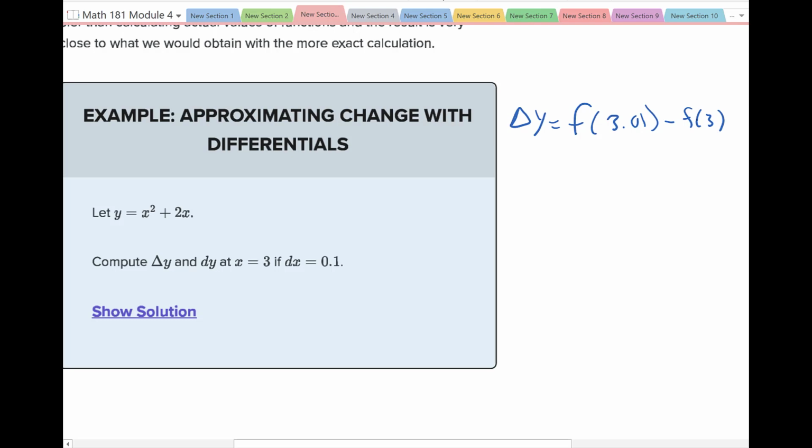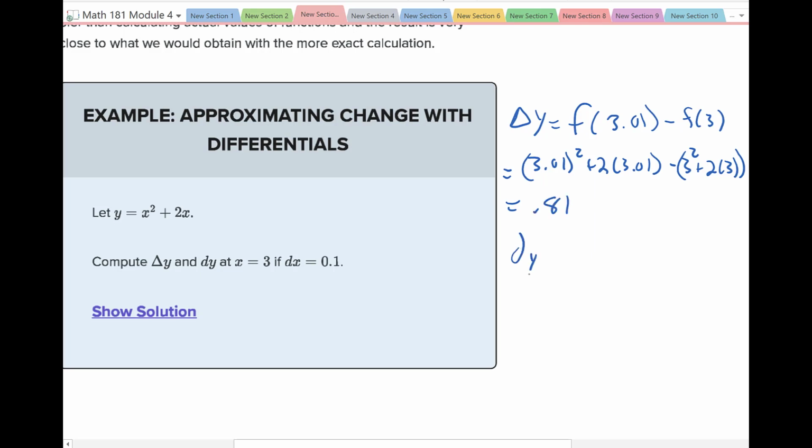So that's going to be 3.1 squared plus 2 times 3.1, and then minus 3 squared plus 2 times 3. And for the delta y, we come up with 0.81.